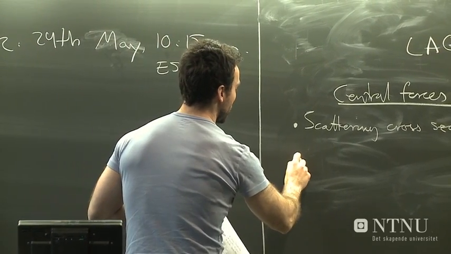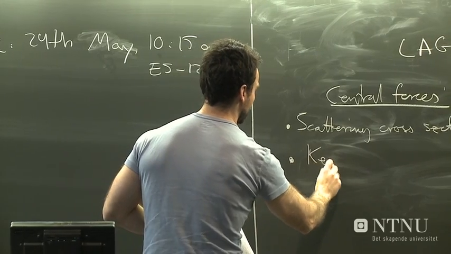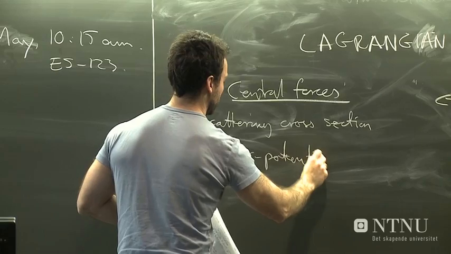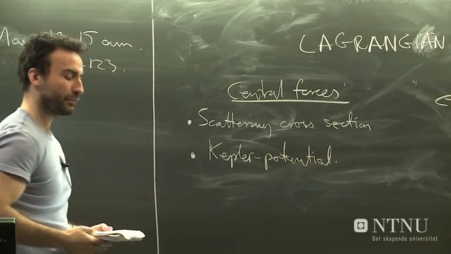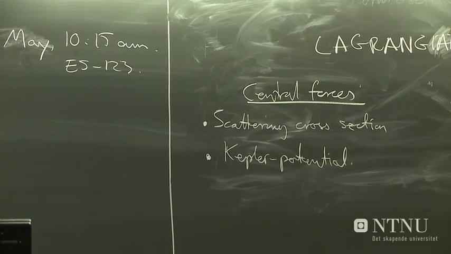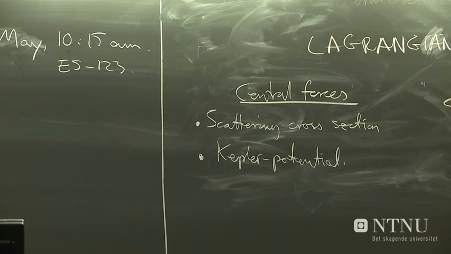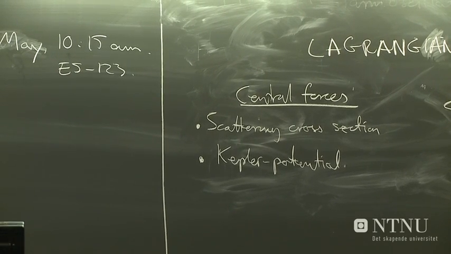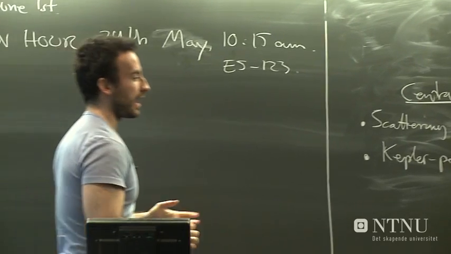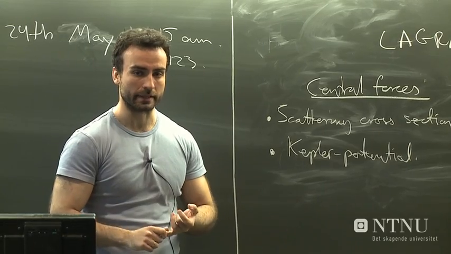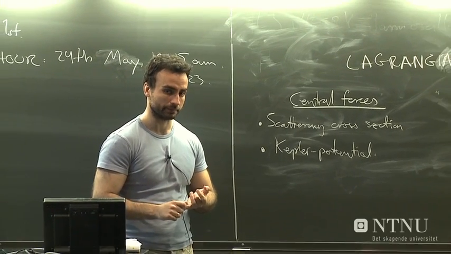And we were mainly concerned with a Kepler potential when discussing these central forces. And we discussed in detail how you could obtain various quite different particle orbits depending on the parameters in the system.